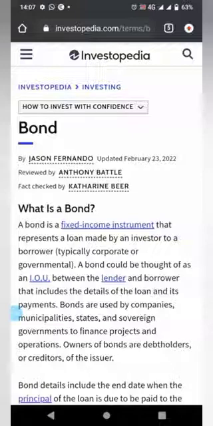Governments and corporate organizations use bonds as a means of raising capital for the projects that they have to run. Sometimes they use this capital to do other businesses, generate profit out of it, and then pay percentages out to the investors.